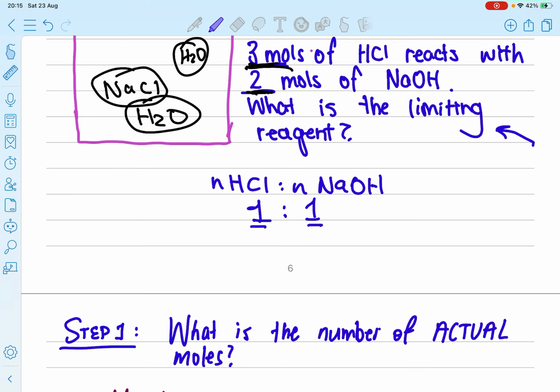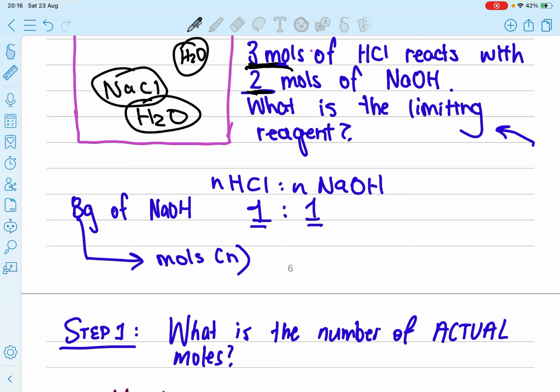But once again, guys, it's grade 12. They will not directly tell you you have 3 moles of HCl. They'll give you the mass. If they say you've got 8 grams of sodium hydroxide, you need to be able to convert your 8 grams into moles by identifying the formula that you can use.